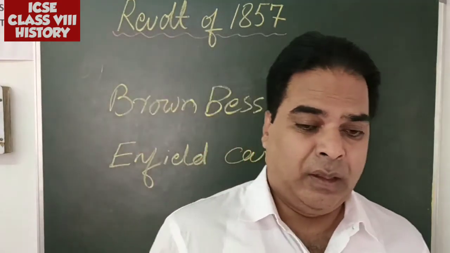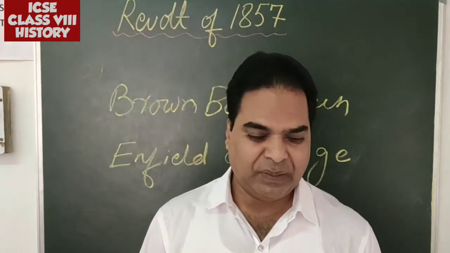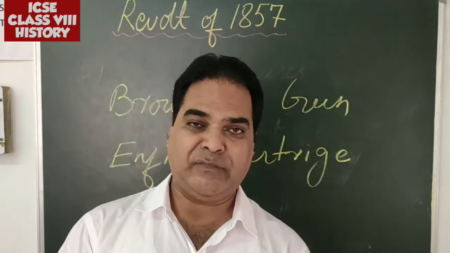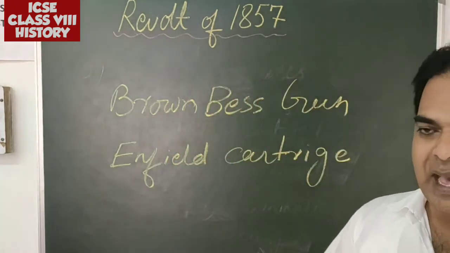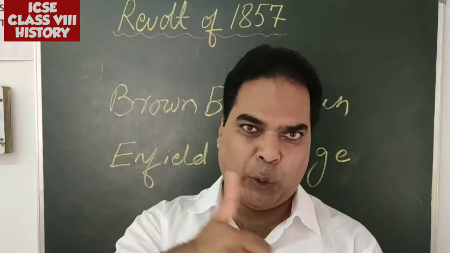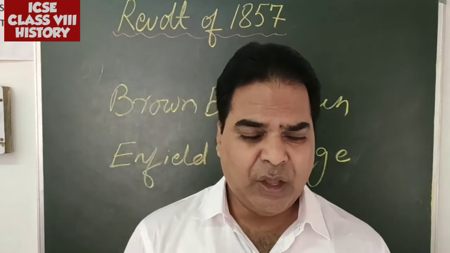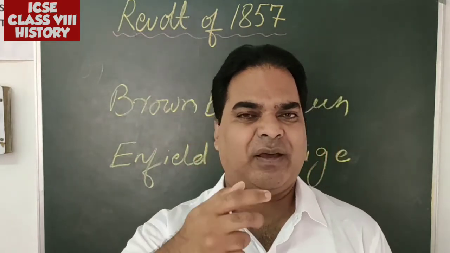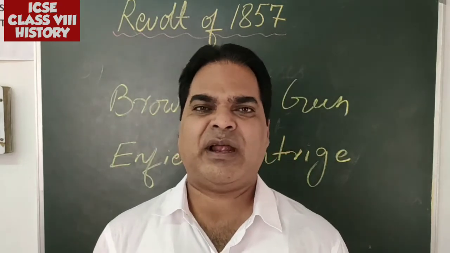You might have been taught in earlier classes also that the British introduced the Enfield Rifle, replacing the Brown Bess gun, and the cartridge which was to be loaded in the Enfield Rifle was covered with a wrapper, and the wrapper consisted of the fat of a cow and a pig.